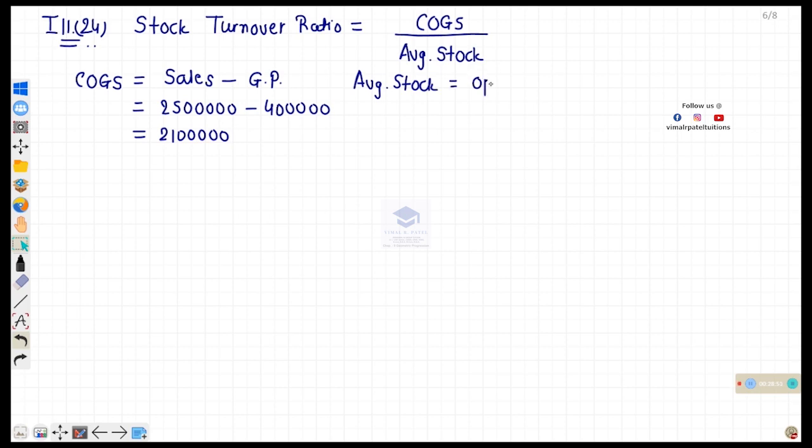Average stock, opening stock plus closing stock divided by 2.